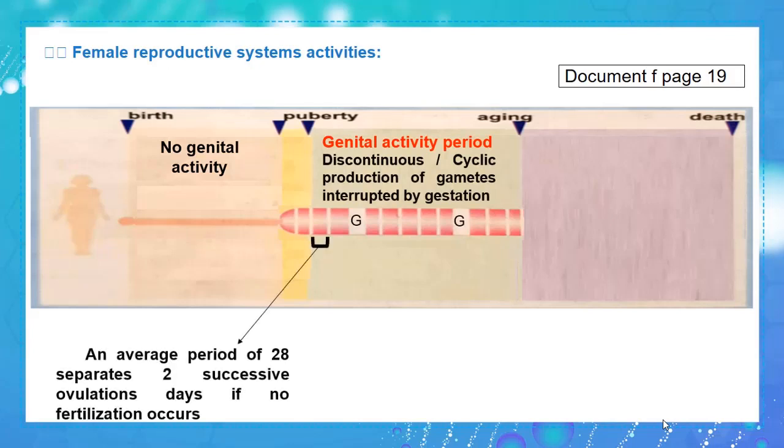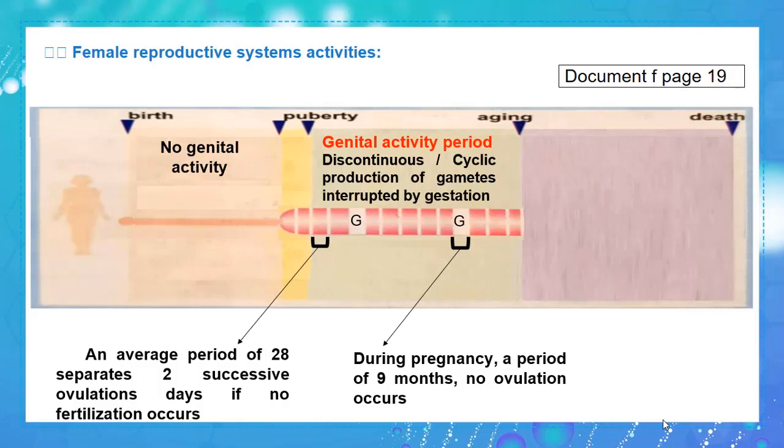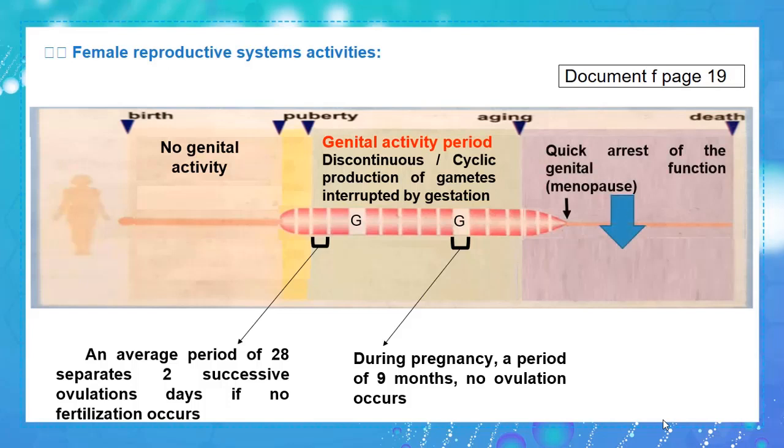This activity is interrupted when a pregnancy occurs for 9 months, and the genital activity is finally arrested at an early elderly age, when all the follicles found in the ovary of a female at birth are depleted, almost by the age of 50. And that's how we come to an end of this chapter.